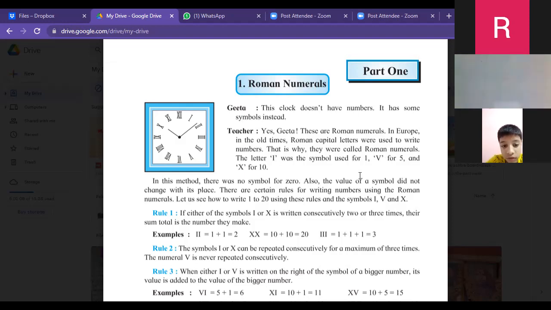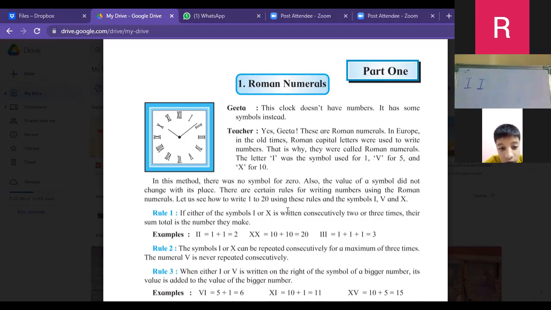Now in this method there is no way to write 0, and the value of a symbol does not change with its place. And here we will see how to write 1 to 20 using the Roman symbols. Now see, can you see there is a number 2 given, a Roman numeral 2 is given?